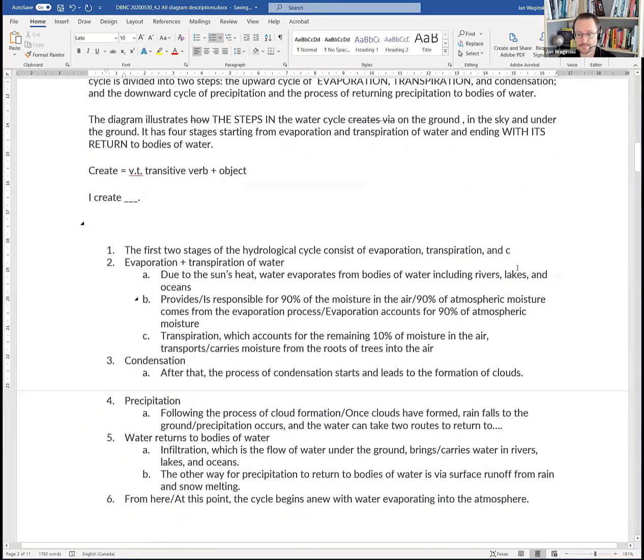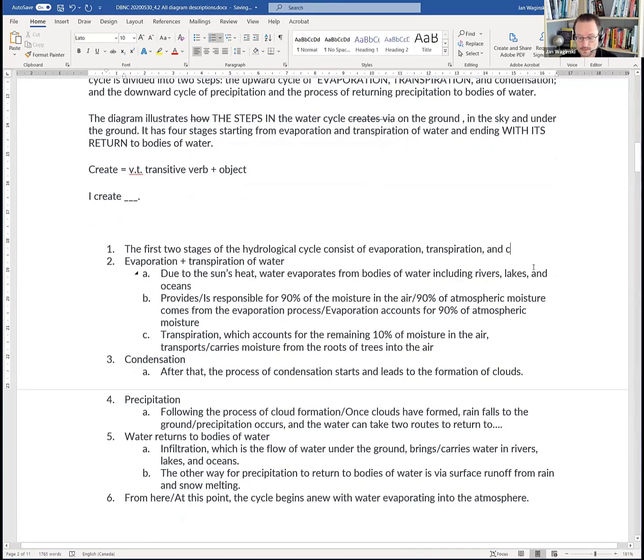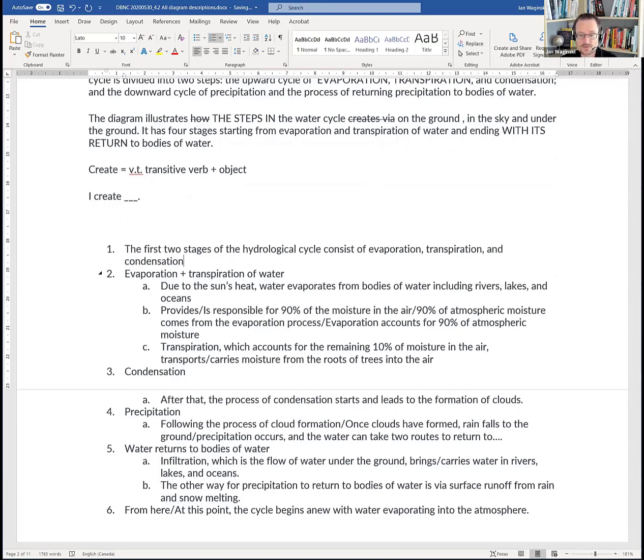There's a delay. Okay, the first 2 stages of the hydrological cycle consist of evaporation, transpiration, and condensation.